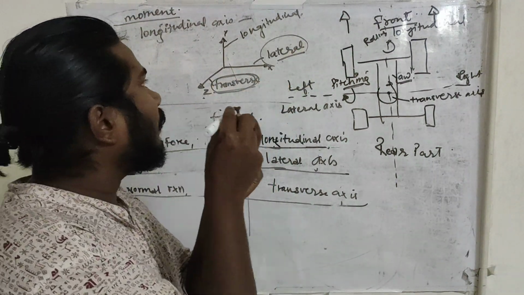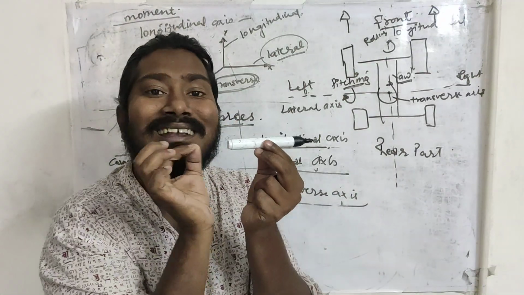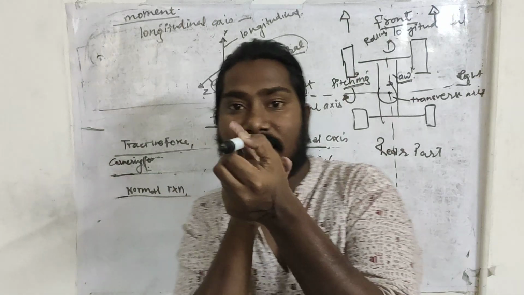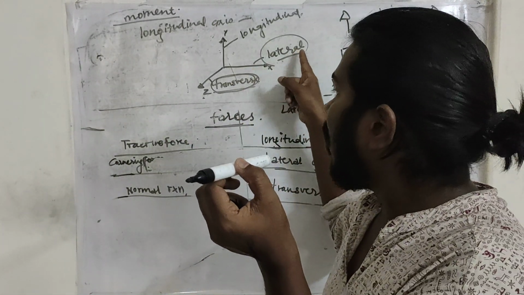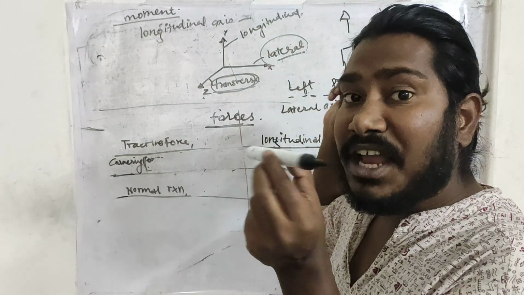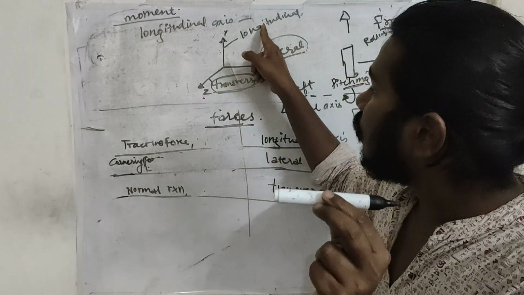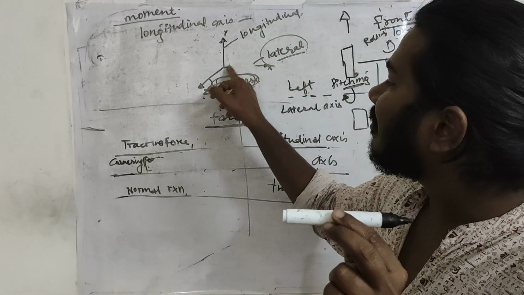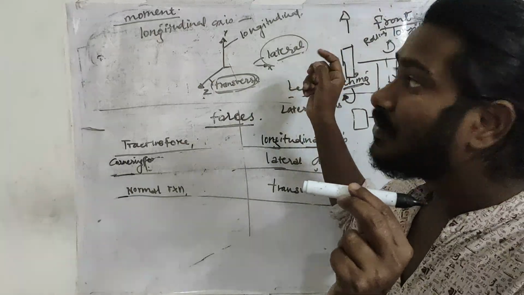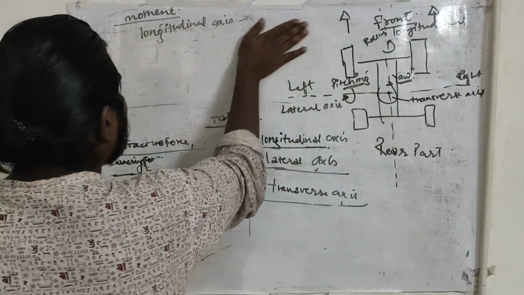So if any movement is occurring on the longitudinal axis, it could be the resultant of either the transverse or the lateral axis. If movement is occurring along the lateral axis, it could be the resultant of the longitudinal or the transverse axis. If movement is occurring along the transverse axis, it could be the resultant of the lateral or the longitudinal axis.